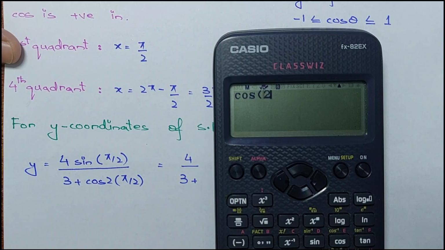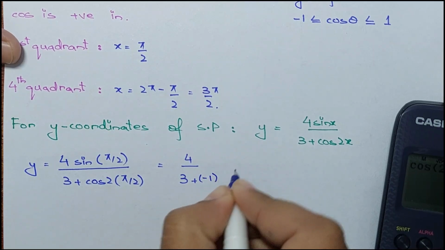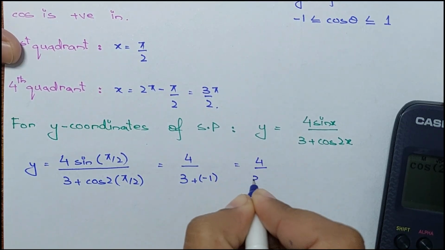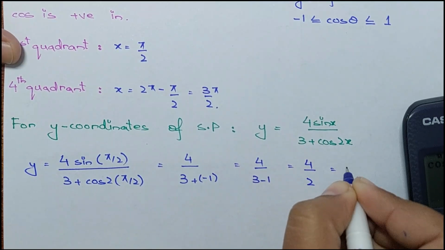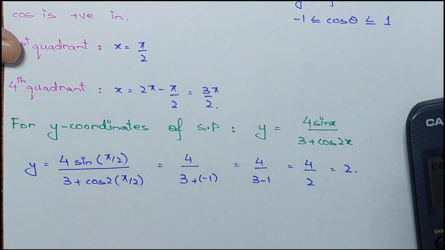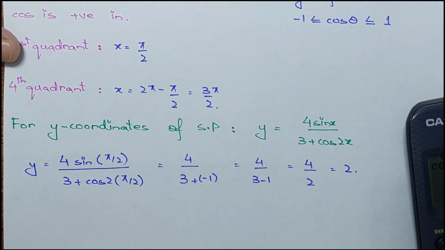Cos of 2 times pi by 2 is negative 1. So this is 4, and 3 minus 1 is 2. So 4 divided by 2 equals 2. So the y coordinate is 2. When x is pi by 2, the y coordinate is 2.